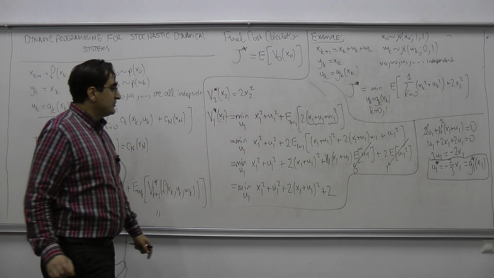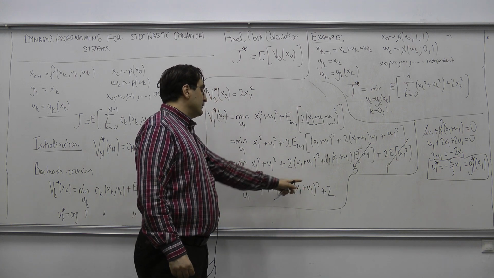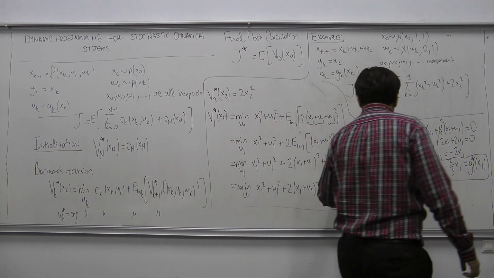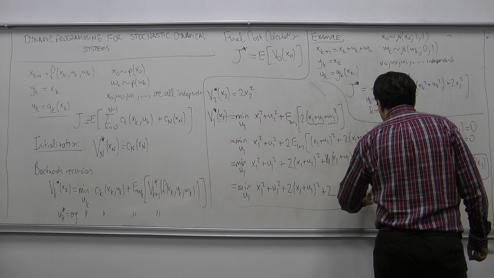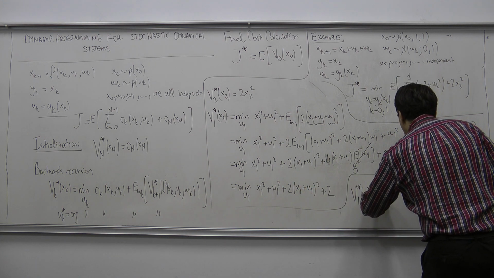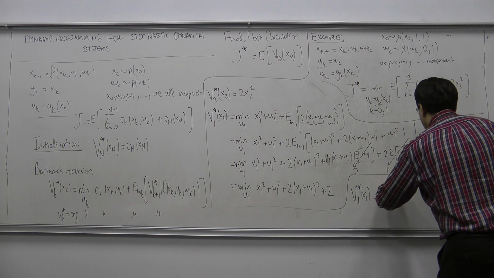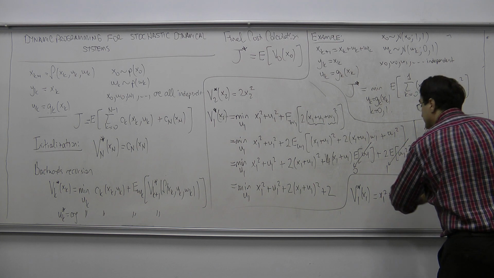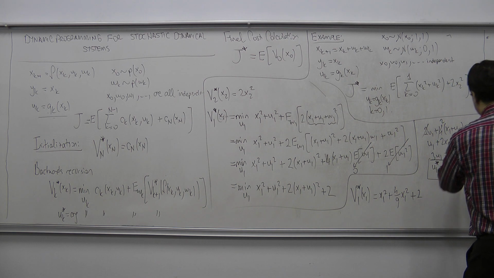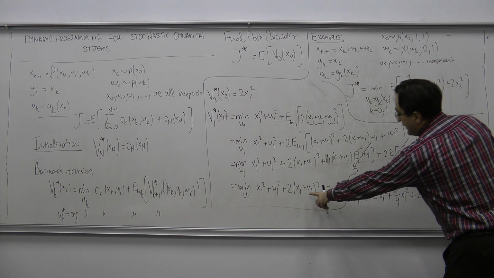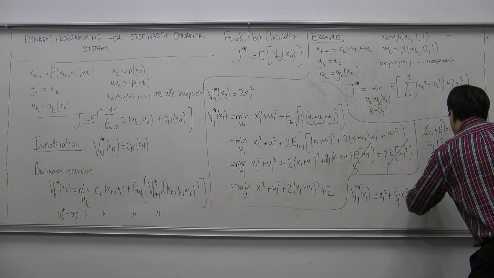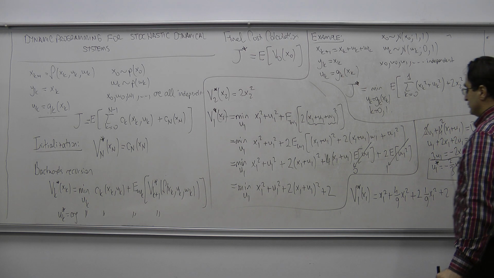So then I will substitute this input value into the cost function to obtain v1 star of x1. I will just substitute this u1 star instead of u1. So I would have x1 square plus 4/9 x1 square, this is u1 square, plus 2 times, substituting this u1 there, it's going to give you 1/3 x1, so it is 1/9 x1 square plus 2.